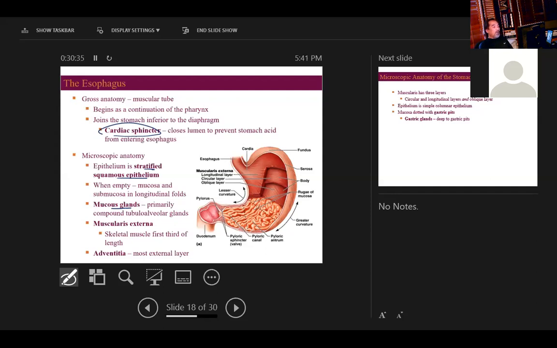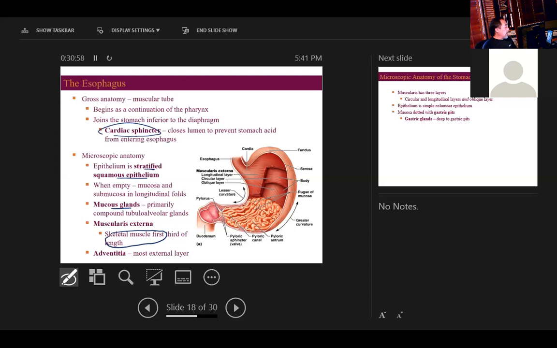And it has skeletal muscle in the first third of its length, so that part is under your control. But after that, it's going to be smooth muscle, and that's going to be peristalsis. And the most external layer is going to be your adventitia.